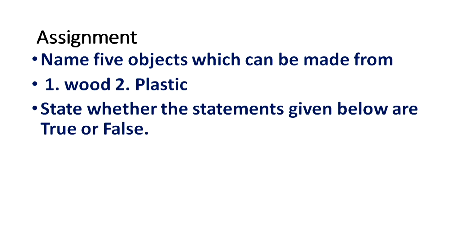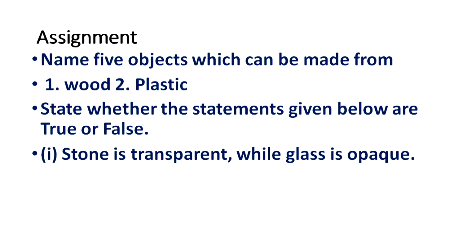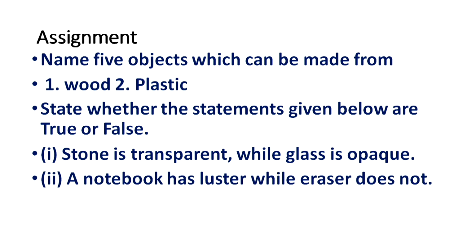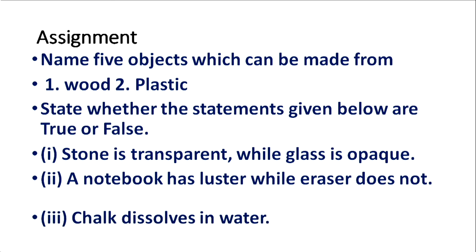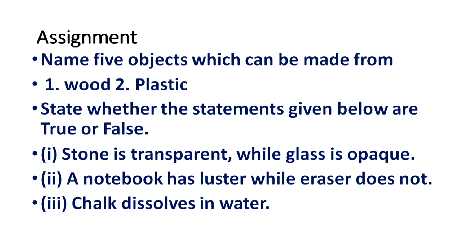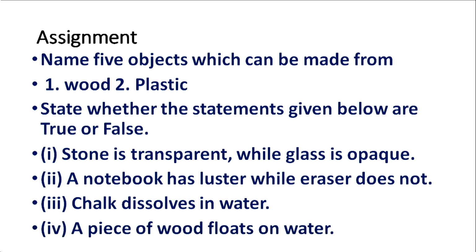State whether the statements given below are true or false. 1. Stone is transparent while glass is opaque. 2. A notebook has luster while an eraser does not. 3. Chalk dissolves in water. 4. A piece of wood floats on water. Just write whether they are true or false.